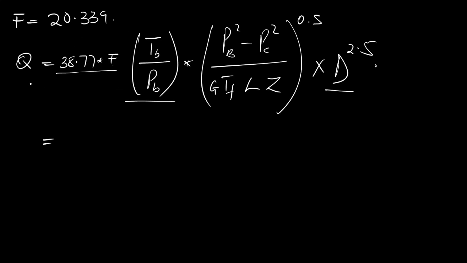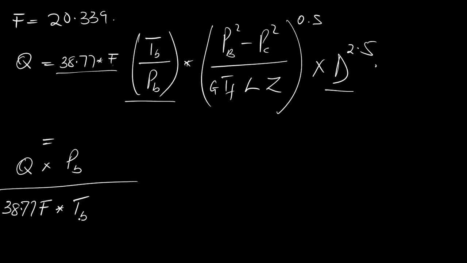So if we divide both sides by that, we are going to have on the left hand side Q times P_B divided by 38.77 F divided by base temperature divided by base pressure times D raised to power 2.5.